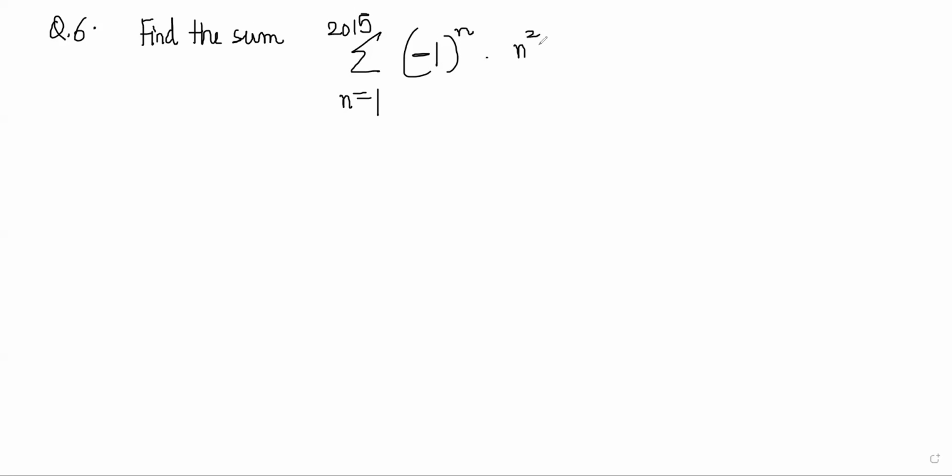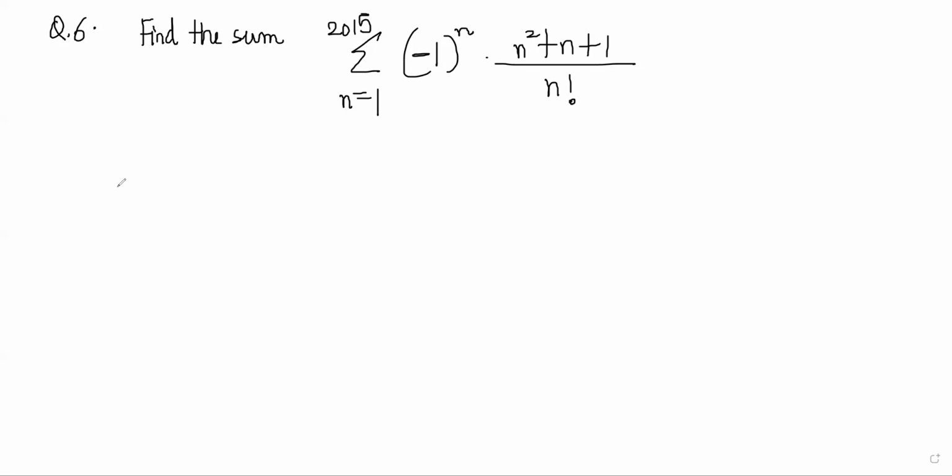Question 6. In this question, we have to find the sum, summation of n goes from 1 to 2015, of (minus 1) power n times (n square plus n plus 1) by n factorial.